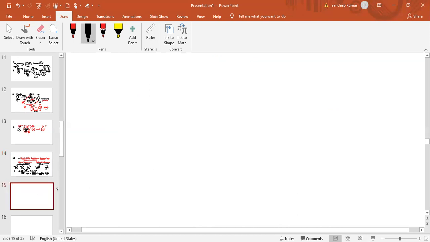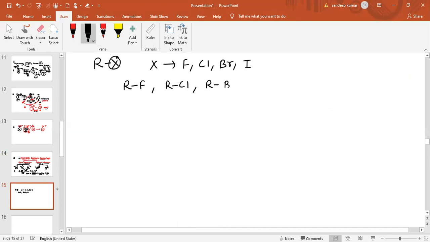Suppose in R-X, this X can be fluorine, chlorine, bromine, or iodine. So one possibility is RF, another is RCl, another is RBr, and another is RI. As we can see, leaving group tendency is basically which is the better leaving group.